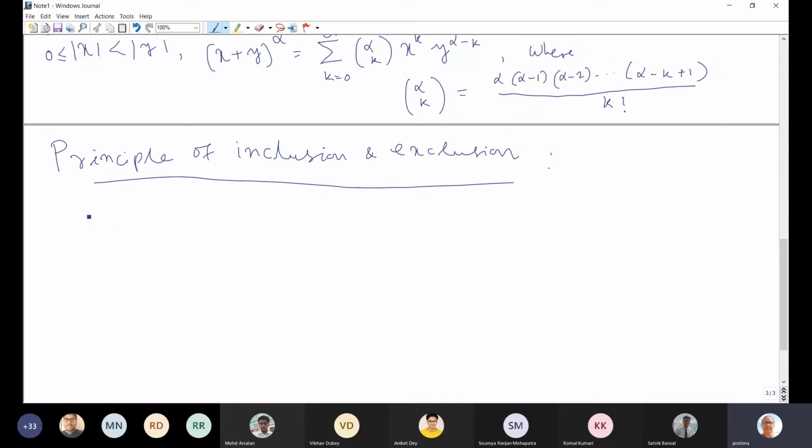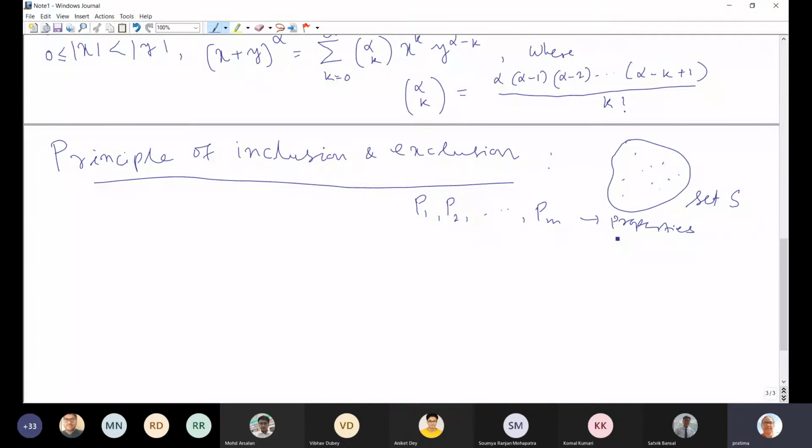Well, here what we consider is that suppose you are having a set S. Here S is a set, and suppose we are having some properties, let us say P1, P2 to Pm. M number of properties are there.